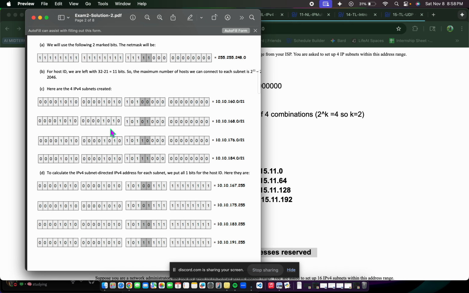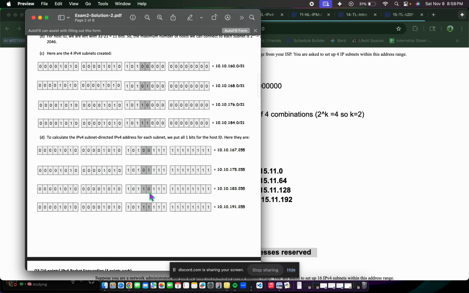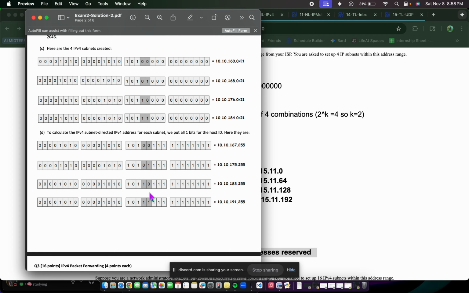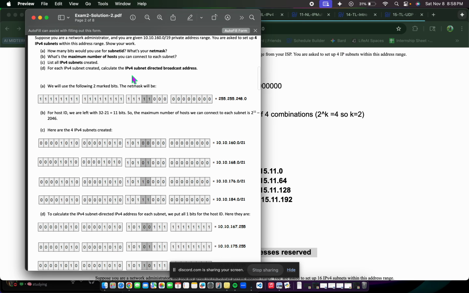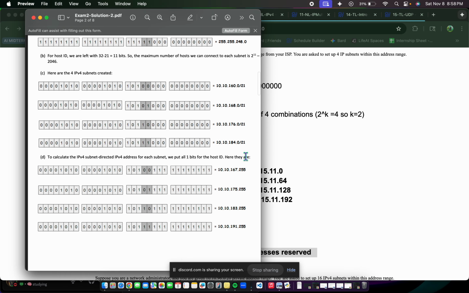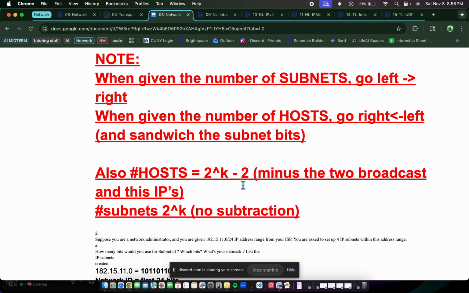And just like last time, these were the hosts created, so you can see that they made all the combinations. Pretty much the same exact thing. And to calculate the subnet directed broadcast address, this is just literally having it as all ones, like the one we usually subtract out.